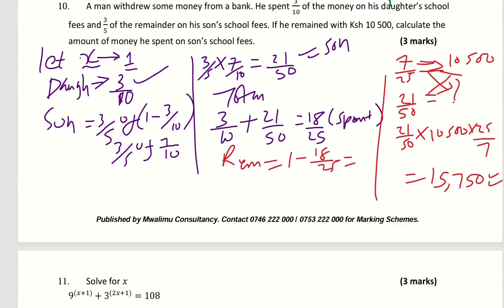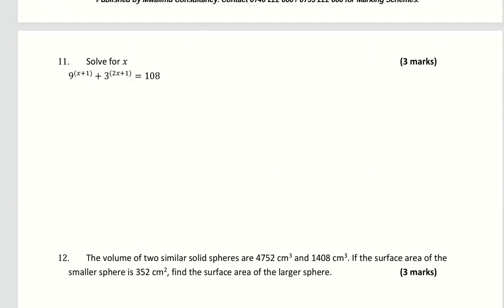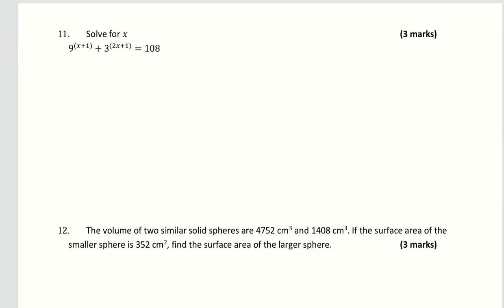So let's proceed. There's this question here, indices. You're told to solve for x. This one has two approaches. The first one is simply, you realize that 108 cannot be written as a base of 3 and it will have a remainder.